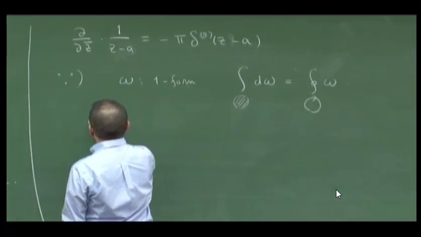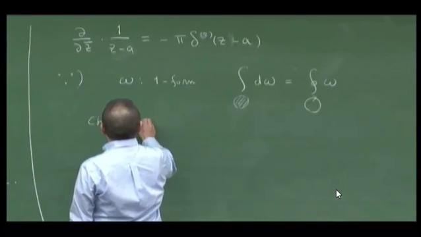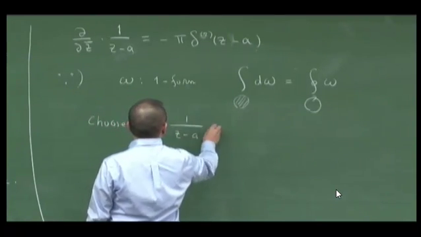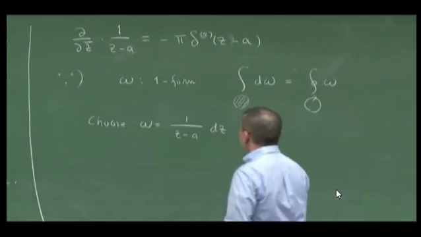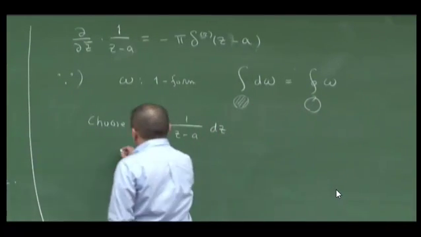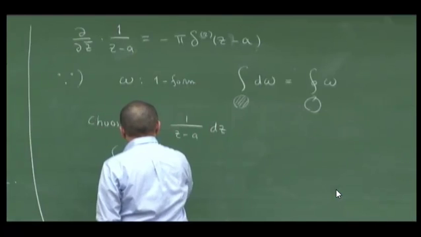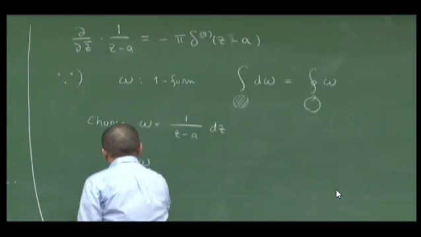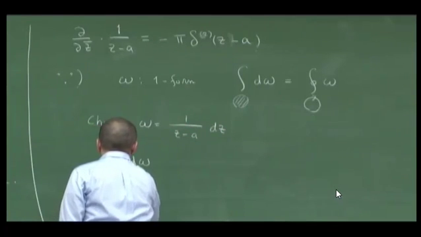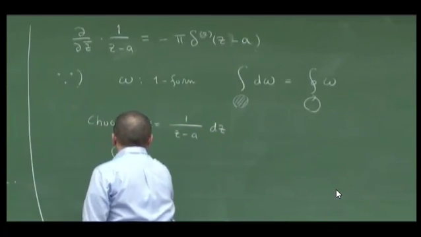So choose omega to be 1 over z minus a dz. And then let's choose the integration domain to include this point A, a disk surrounding it.